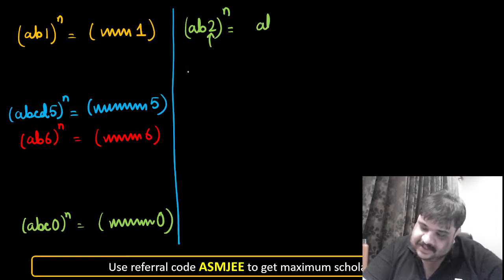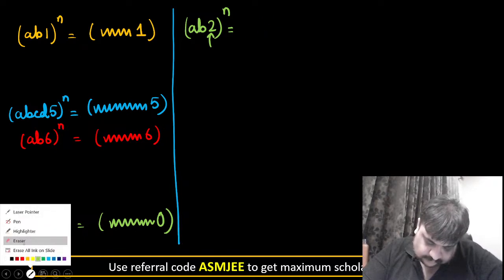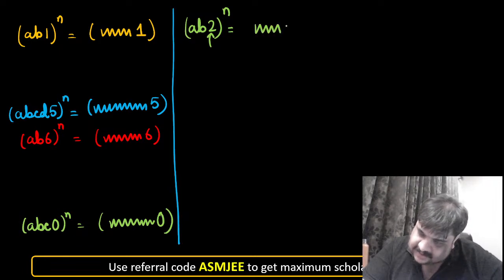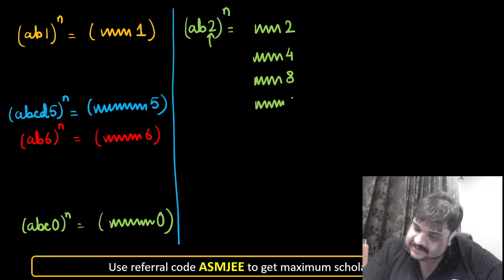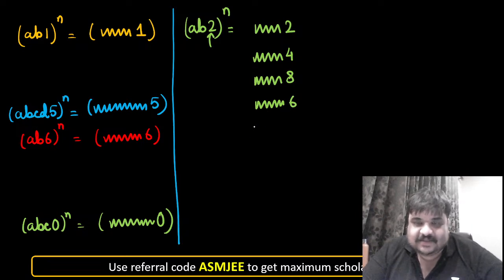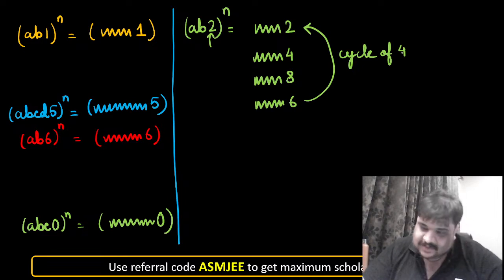So it can be something 2, something 4, something 8, something 16, 6, and then again something 2. So it keeps on following a cycle of 4. Correct. Cycle of 4.